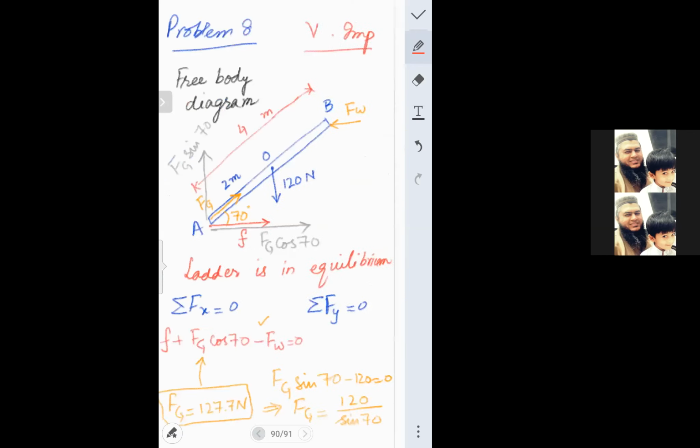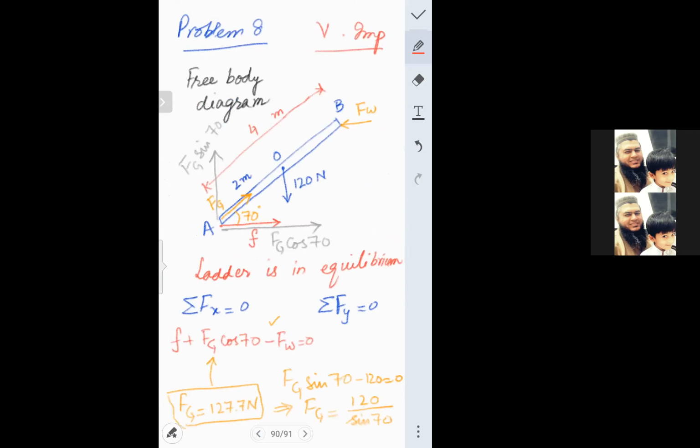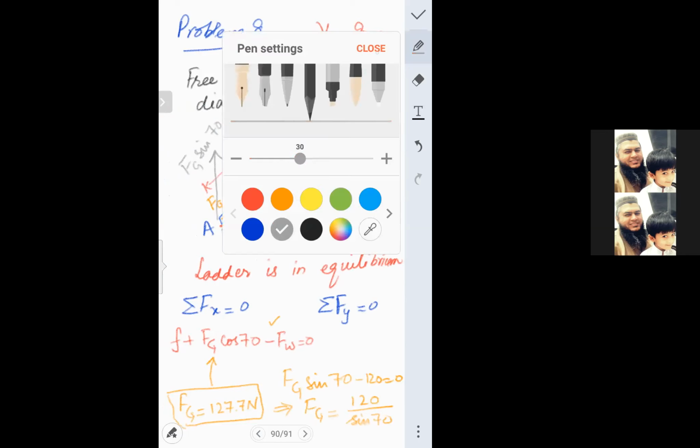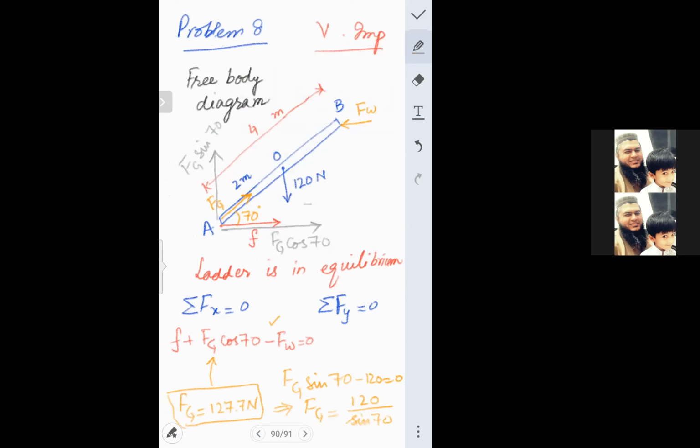Similarly, in this figure, there are two forces that are applying torque at point A. One is 120 Newton and the other is Fw. We have to find the vertical components of both the forces. If we consider this as point A, this is point O, they are making a right angled triangle with 70° at A, 90° at the other end.